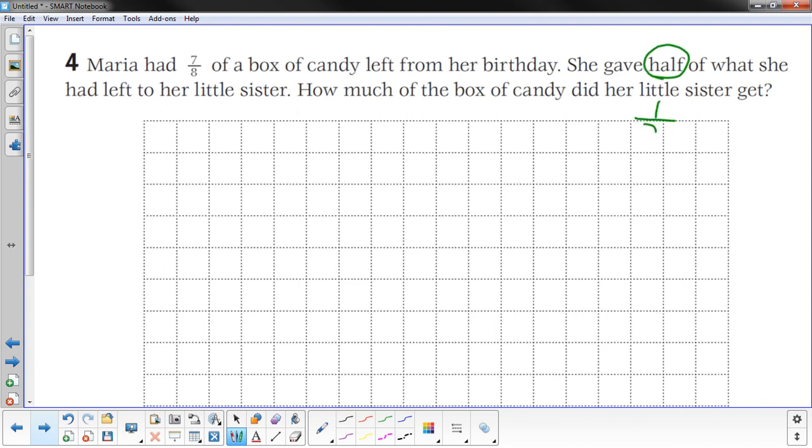So I need something in 8 pieces. 1, 2, 3, 4, 5, 6, 7, 8. That's 8 pieces. And we have 7 of the 8.